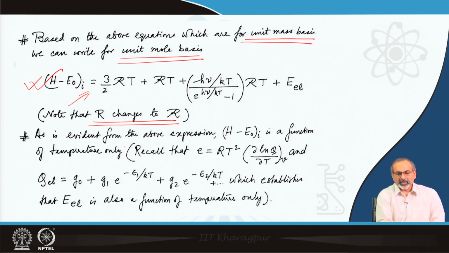Now, it is quite obvious from this expression that H I minus E naught I for each species is definitely a function of temperature.